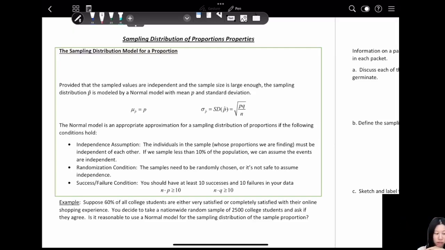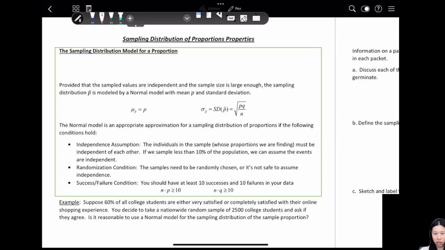Okay, so for the sampling distribution model, we have the mean of the sampling distribution of proportion equals the proportion p, and sigma, which is the standard deviation, equals the square root of the success rate times the failure rate divided by n.